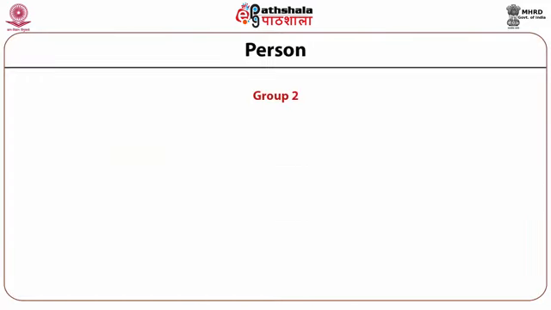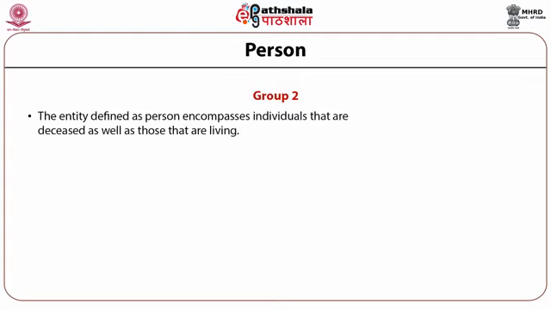Then relationship. The entity part is over, because I told you it is an entity relationship conceptual model. Entity I have already told. So, what about the relationship? Let me tell you regarding person. The entity defined as person encompasses individuals, deceased as well as those that are living.